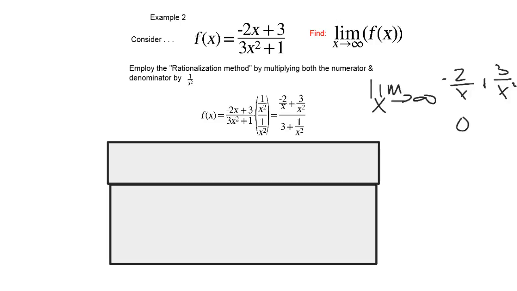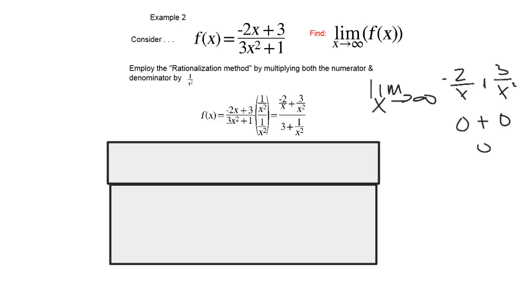But the limit as x approaches infinity is still 0. Similarly, the limit of 3 over x squared as x approaches infinity is also 0. Okay? So the value of my numerator is 0.